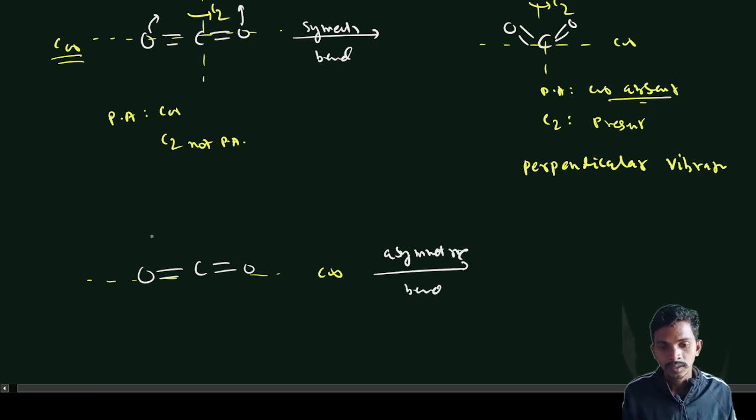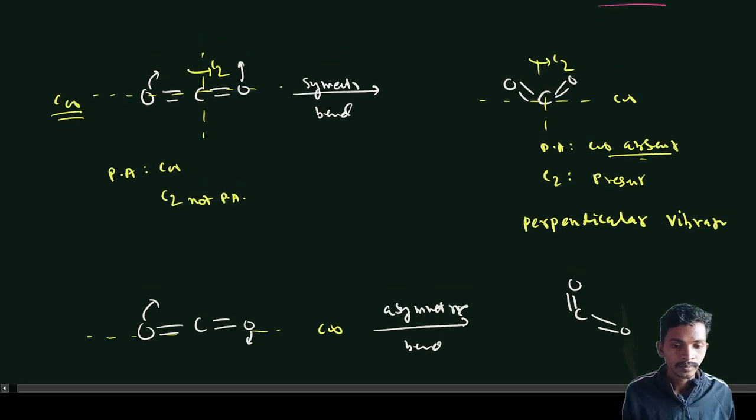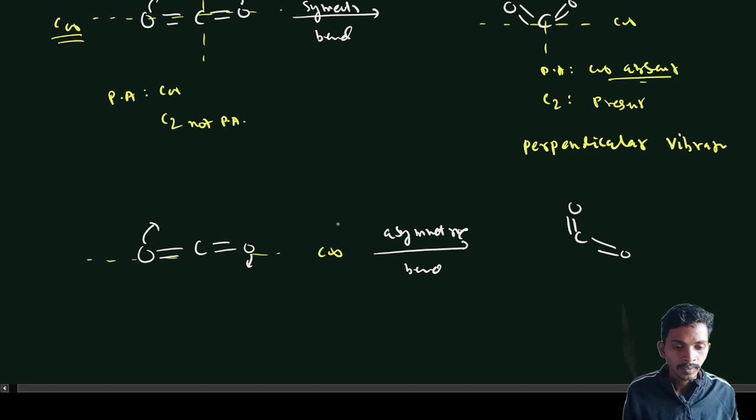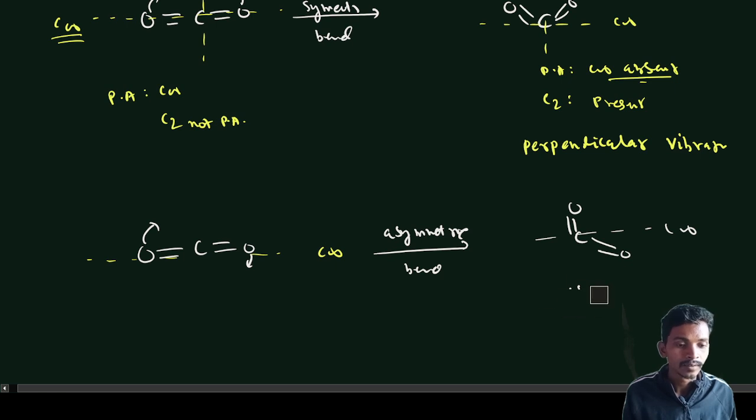If I do it like this and like this, then what I get is like this. Here also you see that C infinity is not there. So this is also, sorry, a perpendicular vibration.